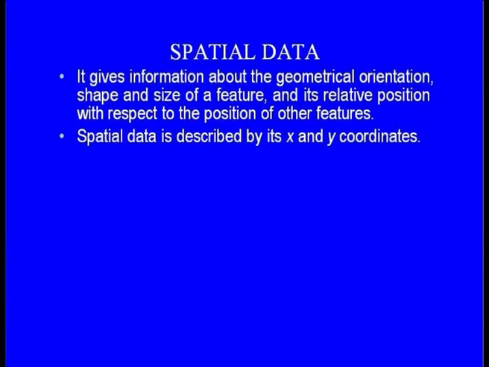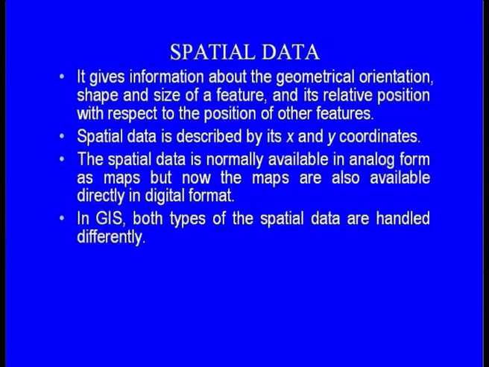So, now let us look at what is spatial data. It gives information about the geometric orientation, shape and size of a feature and its relative position with respect to the position of other features. Spatial data is described by its x and y coordinates.